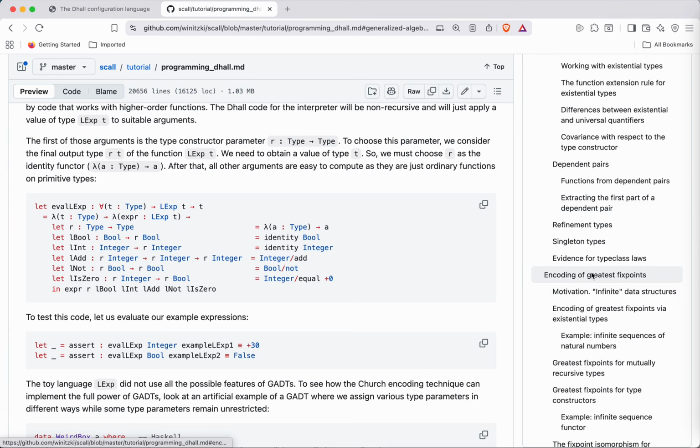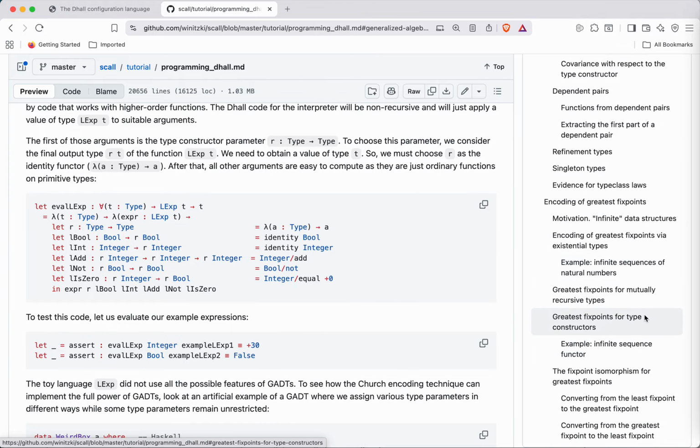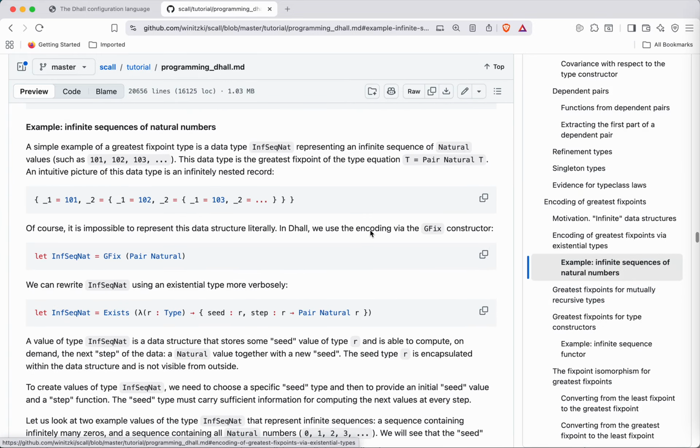I also show how to encode greatest fixed points. So least fixed points and greatest fixed points are recursive types, and least fixed points are usually polynomial recursive types. That is, they're data containers. They're like lists and trees, finite lists and finite trees. But you can also have infinite lists and infinite trees and other structures, like for example an infinite sequence, just an infinite sequence.